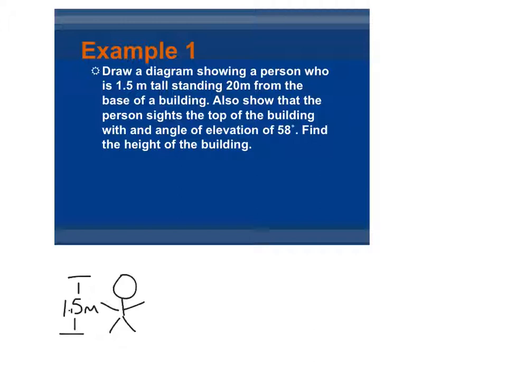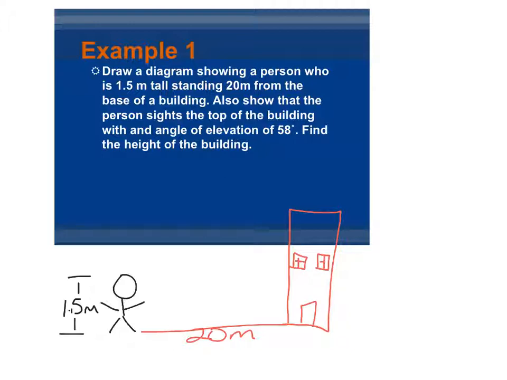And he's standing 20 meters from the base of a building. And here's my building. It's had some windows, so we know this is a building. You don't have to be detailed, we just need to get some triangles here. Okay, so he's standing 20 meters from the base of a building.